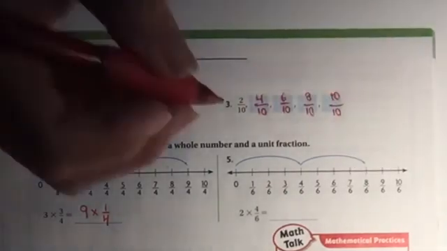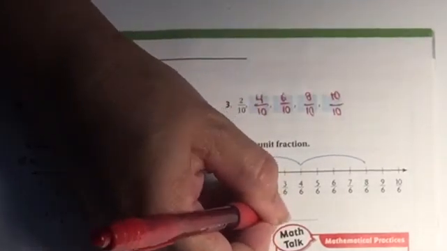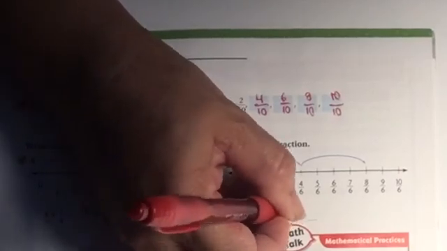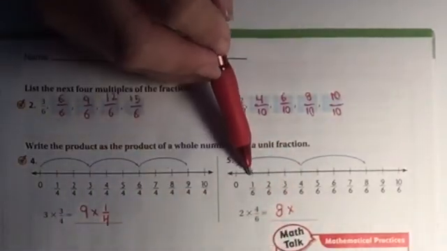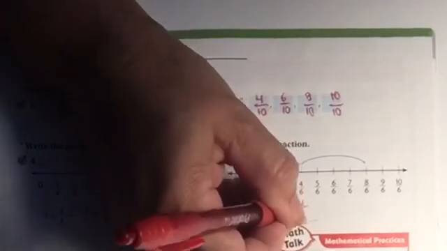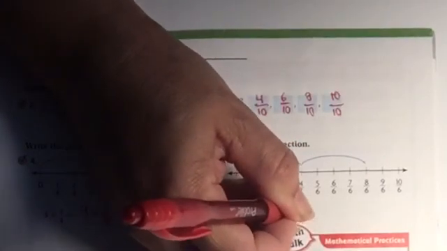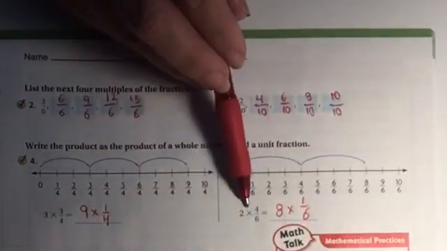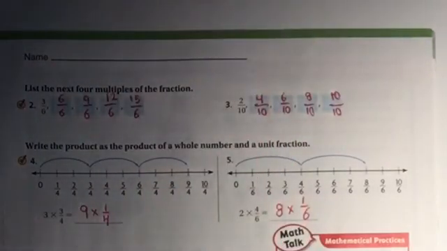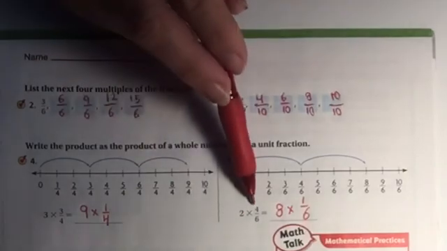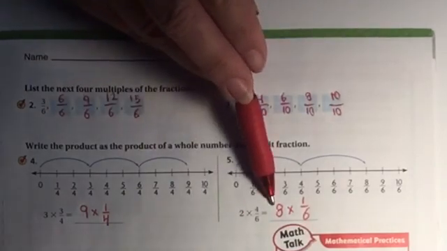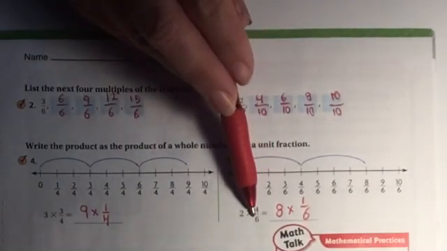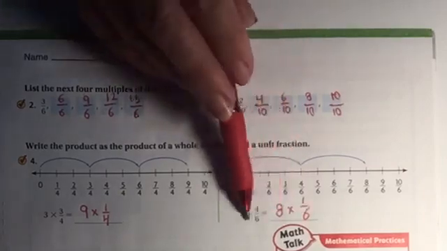That really means I have 8 times 1/6. So 8 times 1/6 is equivalent to 2 times 4/6. And if you look, 2 times 4 is really 8, and the number of parts in the whole we're using is 6.